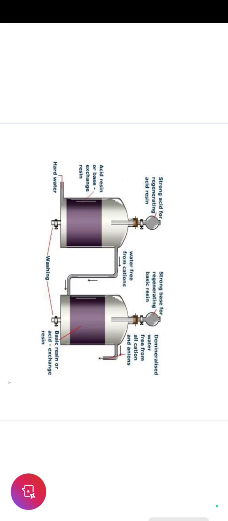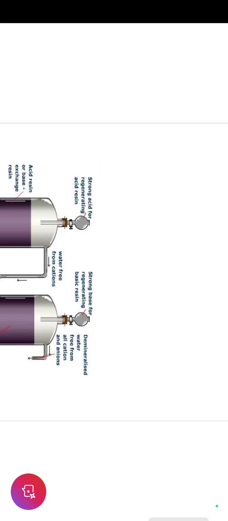RCa reacts with the hydrochloric acid to form RH2 and calcium chloride. Similarly, when the anion exchange resin is exhausted, it can be regenerated by passing a solution of dilute sodium hydroxide.